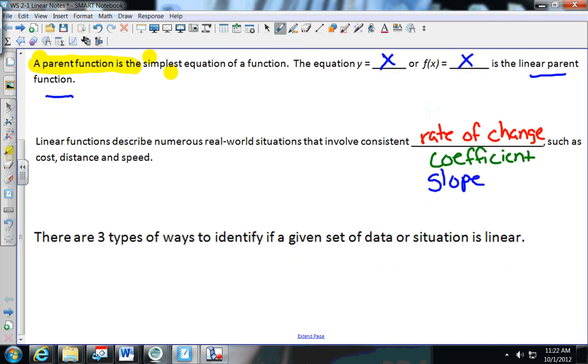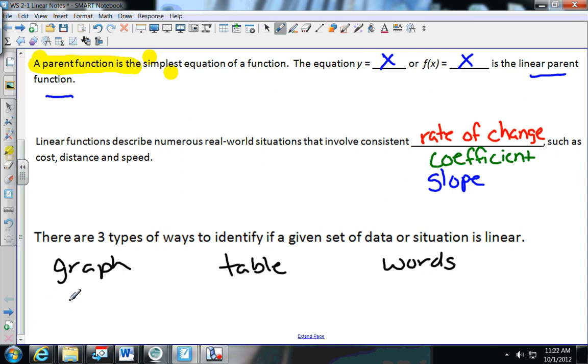There are 3 different ways to tell if data is linear. You can do it by a graph, a table, and by words.